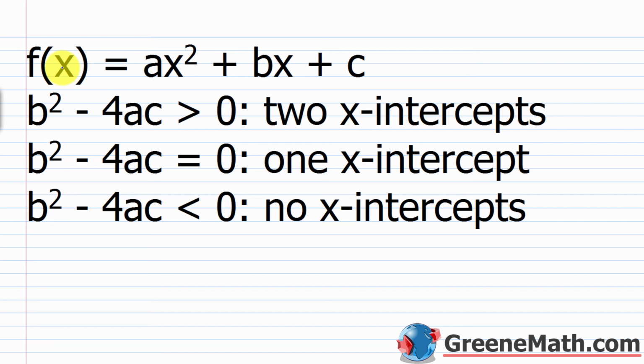If there are two solutions, as in b squared minus 4ac greater than 0, we have two x-intercepts, two spots where the graph crosses the x-axis when y is 0. If b squared minus 4ac equals 0, one x-intercept. If b squared minus 4ac is less than 0, no x-intercepts. If you don't have a real solution, you will not find an x-intercept.